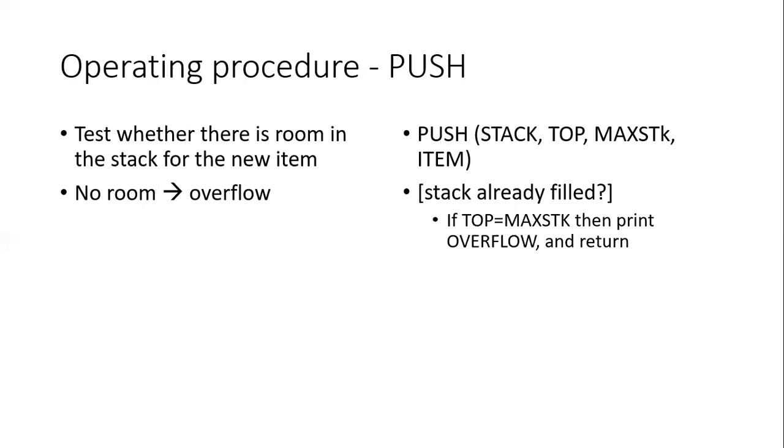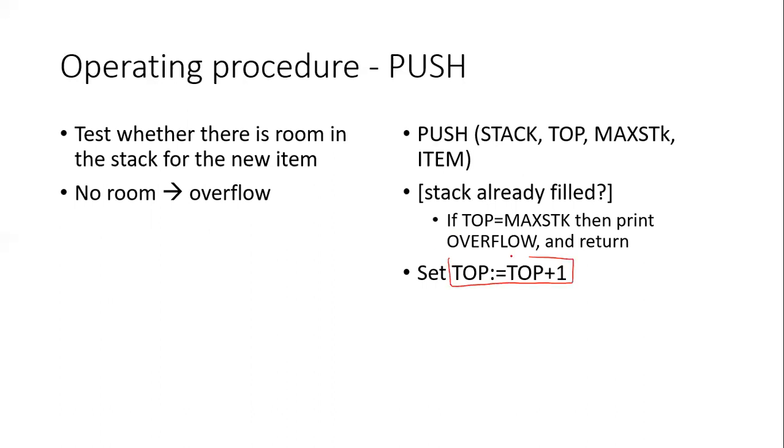So this condition is going to be satisfied if the stack is overflown. Else, it has some room for storing a new value. So we increment the top pointer by 1. Before we store the value, we always increment the top pointer by 1.